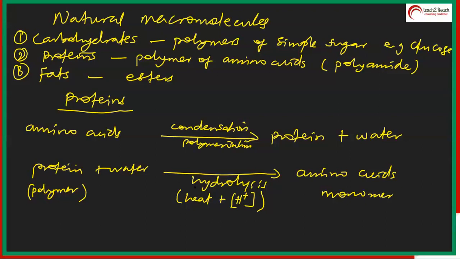The word hydro means water, while lysis means to split, to break, to disintegrate, to break apart. So hydrolysis, that's why we are adding water. The addition of water, and acid, of course, brings about the splitting of that molecule.